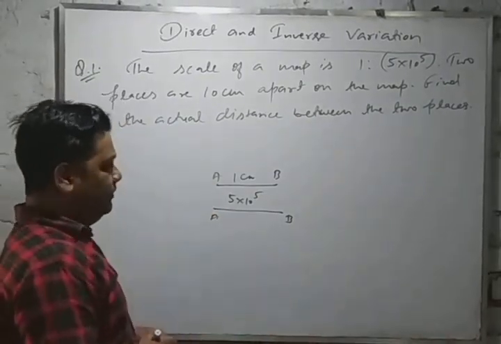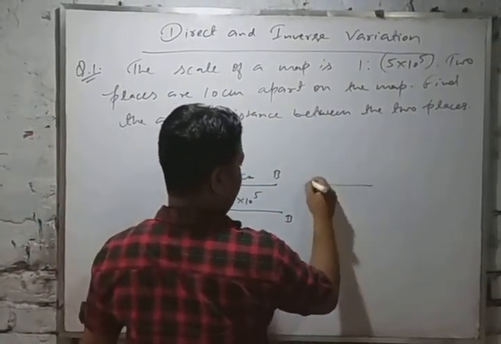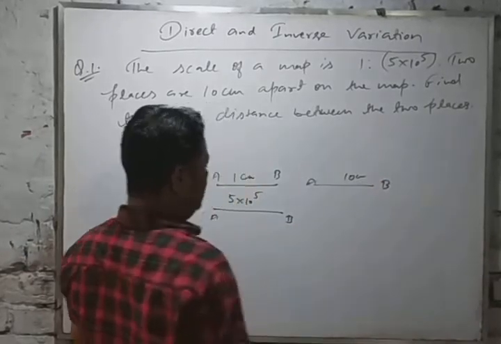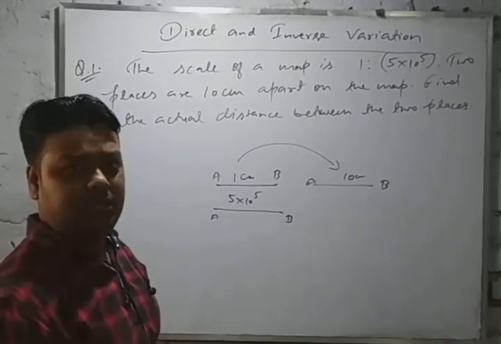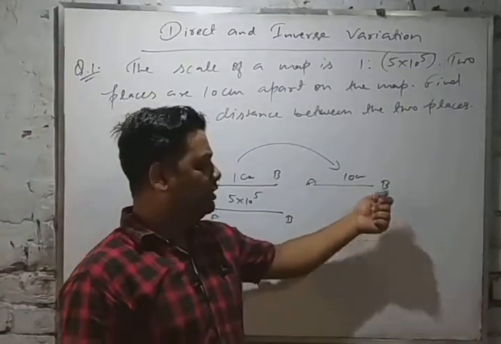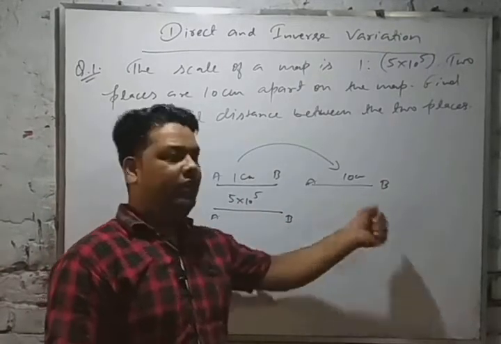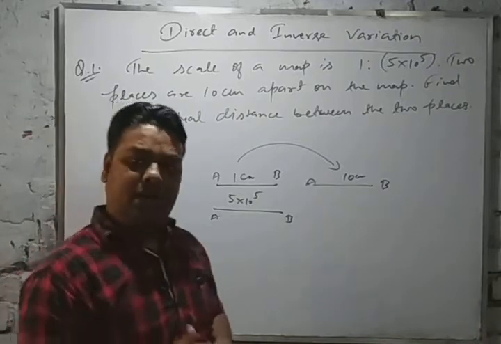So if the distance on the map increases, the actual distance will also increase. It means this question is based on direct variation.